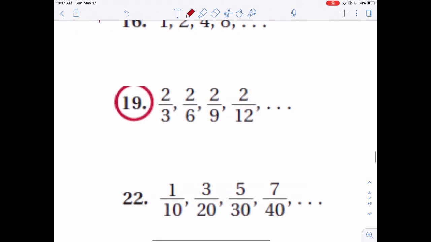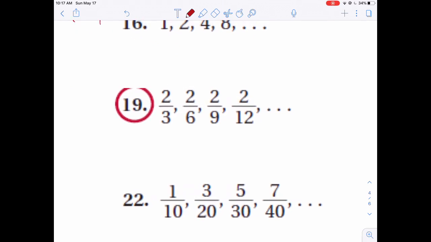Number 19. Again, this is going to be the first, second, third, and fourth. So clearly seeing, the 2's always on top, correct? And the bottom is going to be n times 3, I think. So let's try this. So f of n equals, it's always a 2 on top, 3 times n.